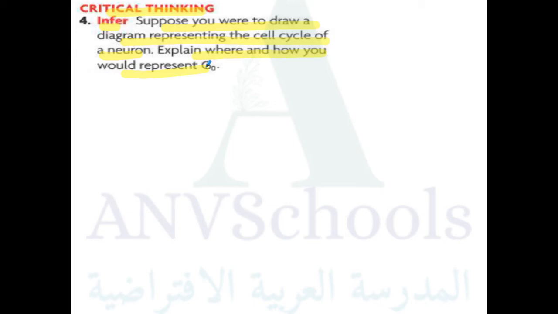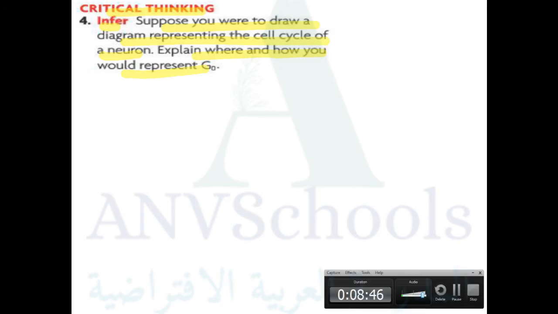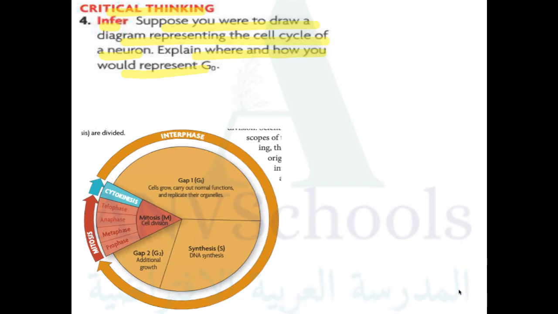So let me bring a diagram of the cell cycle so that it's easier for us to see what we are meaning here. So actually when a cell is dividing, it will go through interphase, then it will enter mitosis, then cytokinesis.